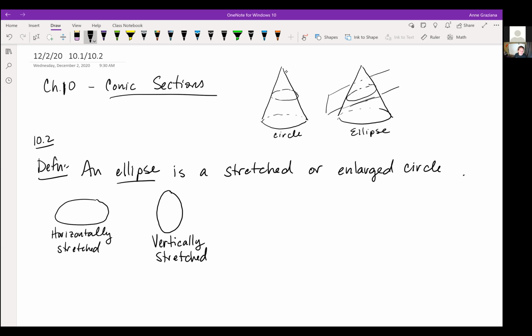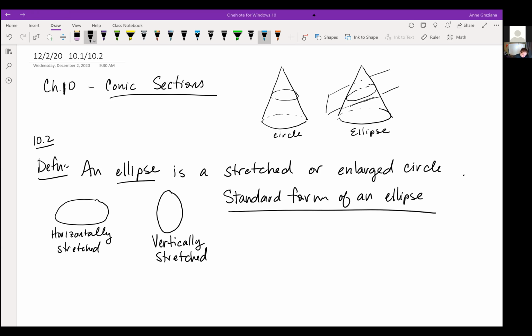Now, these do have a standard equation. So there is a standard form of an ellipse. Let's do it in blue. And it goes like this. So I take x minus h squared divided by a squared plus y minus k squared over b squared is equal to 1.